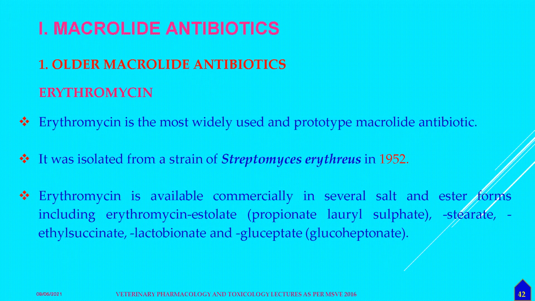Already we have learned this. The macrolide antibiotics are classified as the older macrolide antibiotics and the newer macrolide antibiotics and many more. In the older macrolide antibiotics, erythromycin is one of the classical agents that can be given as the example, and it is one of the widely used prototypes of the macrolide antibiotic.